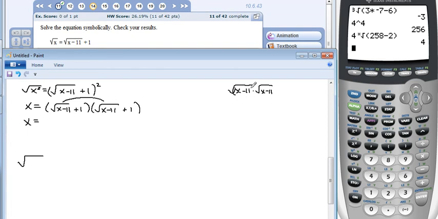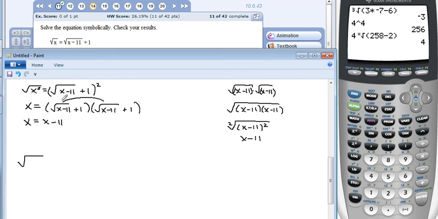Now, my product rule for radicals says I can combine those because they've got the same index, under one radical. And that's the same as that because I've got two of the same thing. Now the square root of a square is just itself. See how that works? So that's my first term, x minus 11.